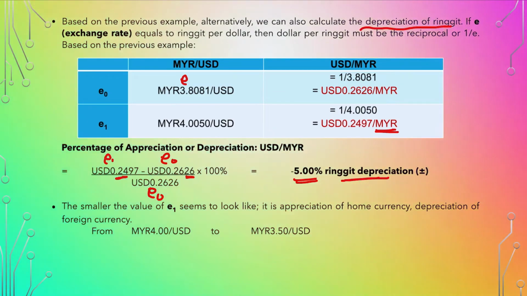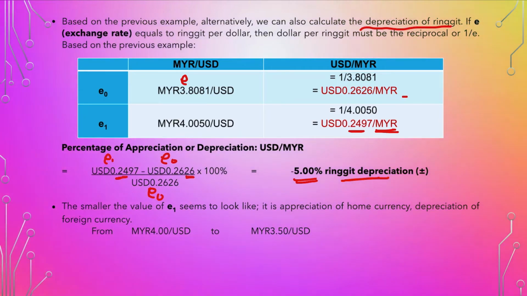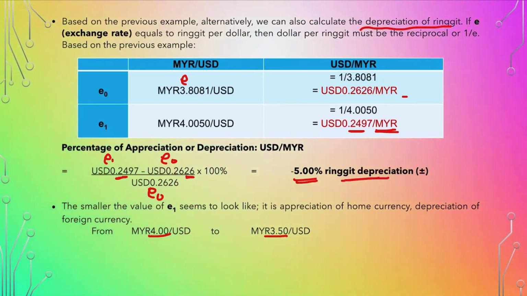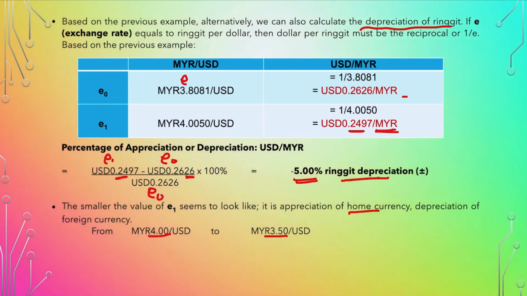The smaller the value of E1, so E1 is smaller than E0, it looks like an appreciation of the home currency and depreciation of the foreign currency, from 4 ringgit to 3.5. Appreciation of the home currency, depreciation of the foreign currency, from 4 ringgit per US dollar.